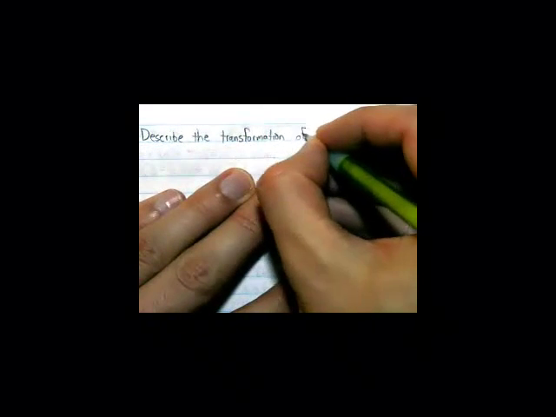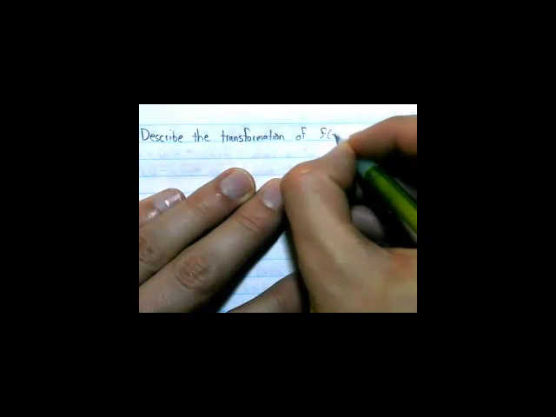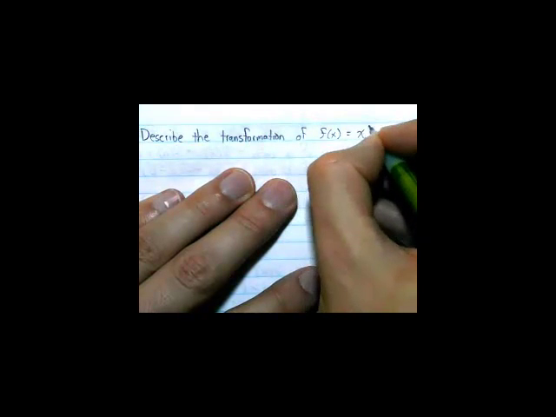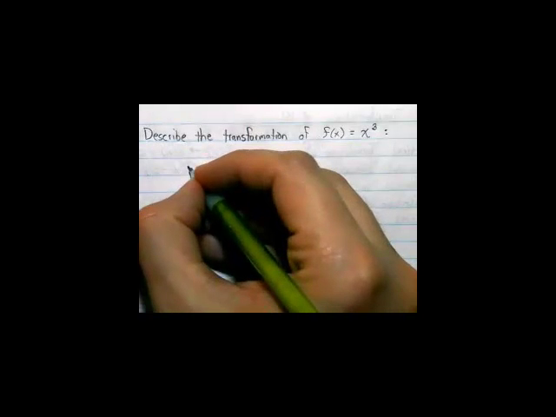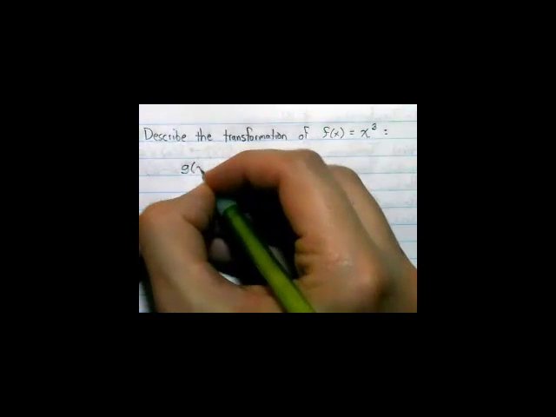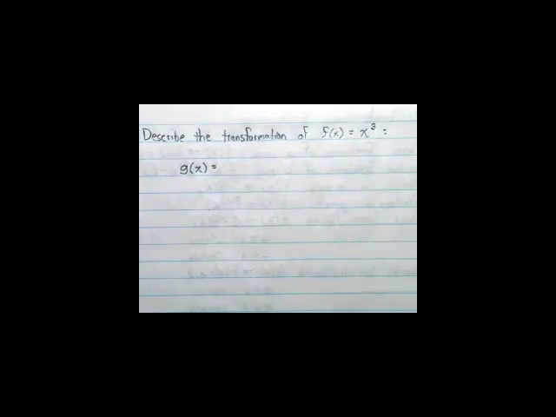All right, so describe the transformation of f of x equals x cubed. So this is my parent function, or this is where I'm starting from, okay? So f of x equals x to the third. And so I did some sort of transformation, and now I have this new function. I'm going to call it g of x, because it's different now.